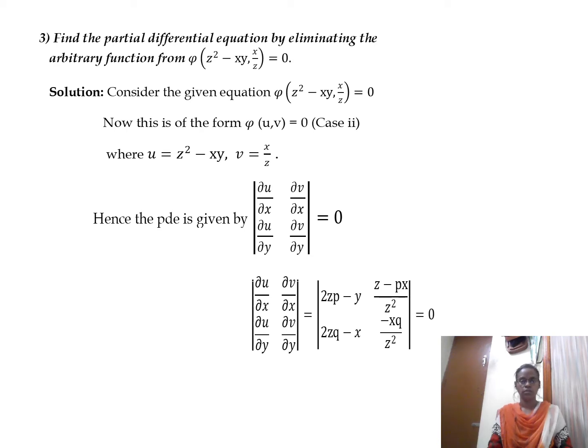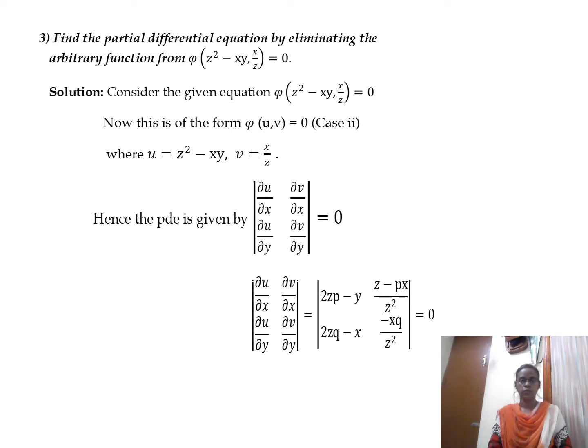Now on the same first column, second row, let us complete the first column. So now dou u by dou y we need. What is dou u by dou y? 2z into dou z by dou y, which is q, minus x into y when we differentiate. With respect to y we are doing now. So x is going to be a constant. So minus x. Now let us move on to the second column.